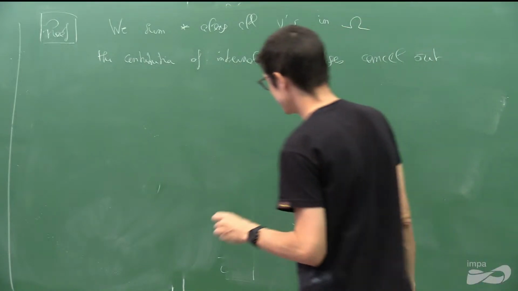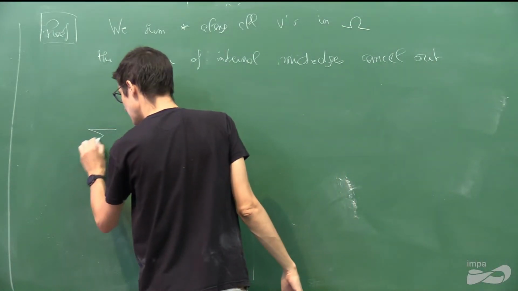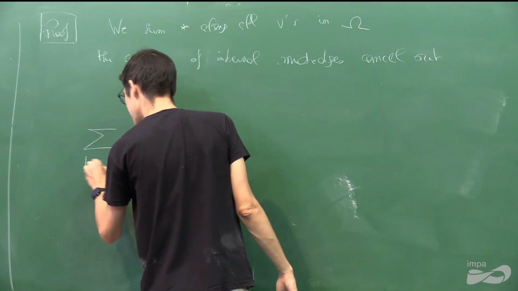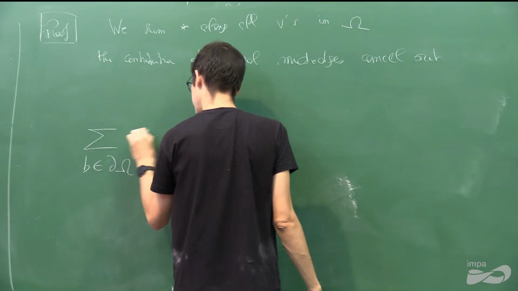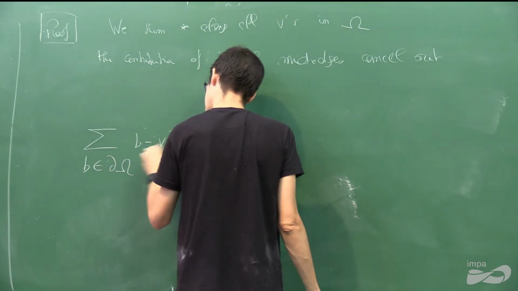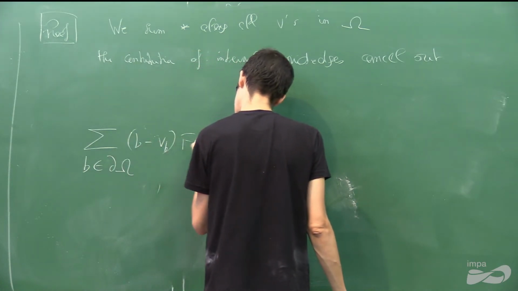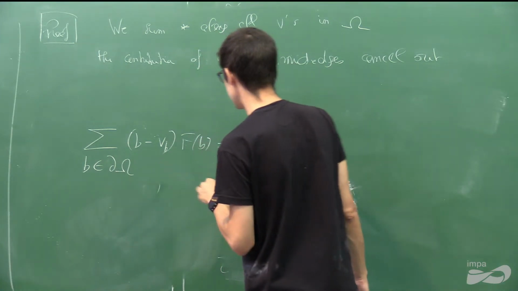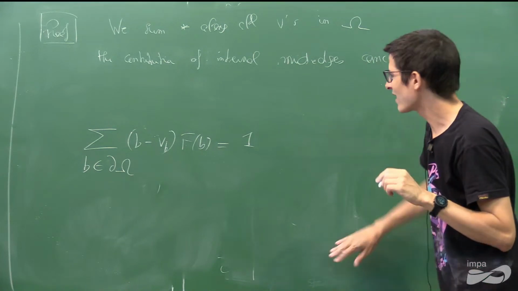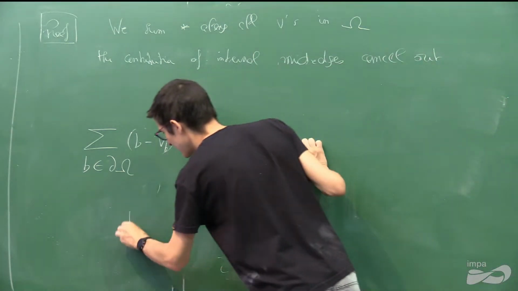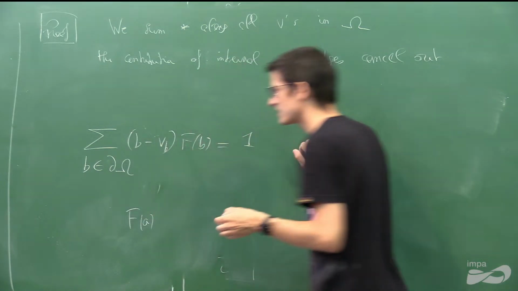So what we get is that the sum over B in d gamma of B minus VB times FB is equal to 1. And now comes the question: yes, but what's FA?